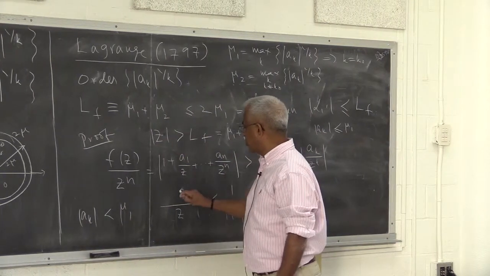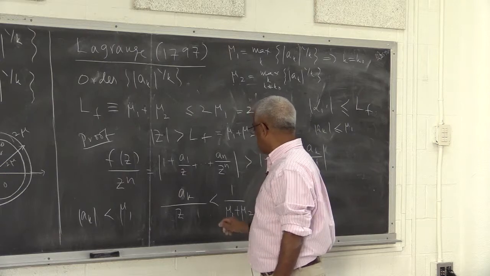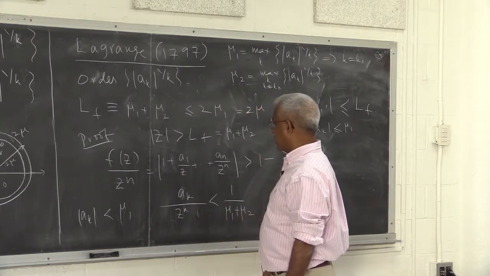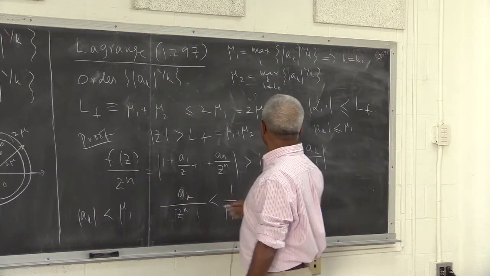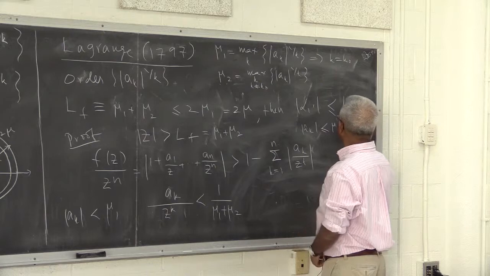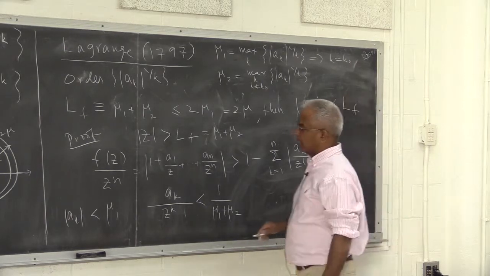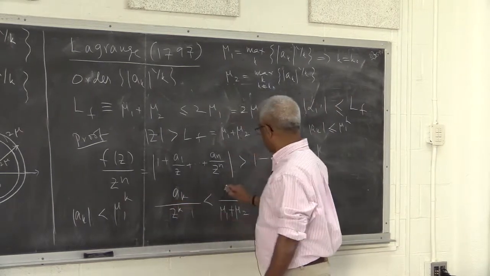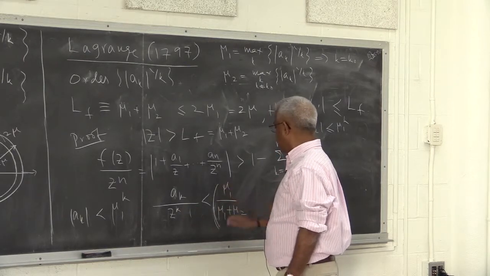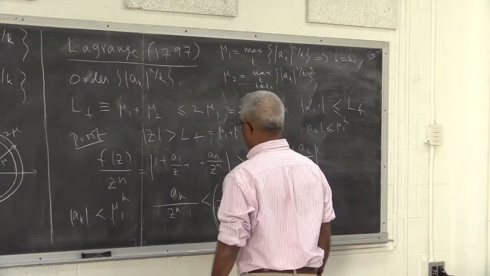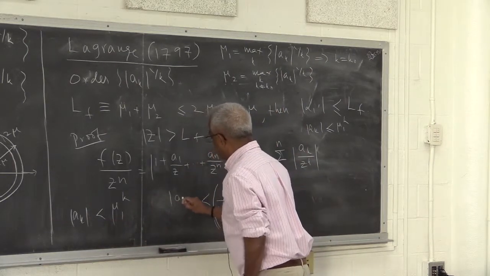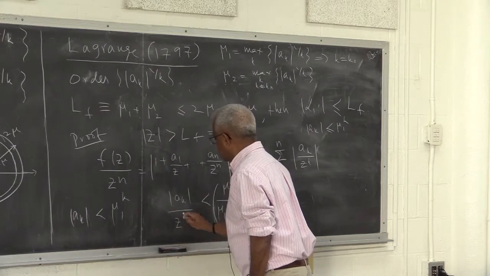For such aks, if you put this, you see that ak over zk would be, remember ak to the power 1 over k is less than mu1, so this is less than mu1 to the power k. So this is z to the power k, so this whole thing is mu1 to the power k. So this is the absolute value of ak over zk.